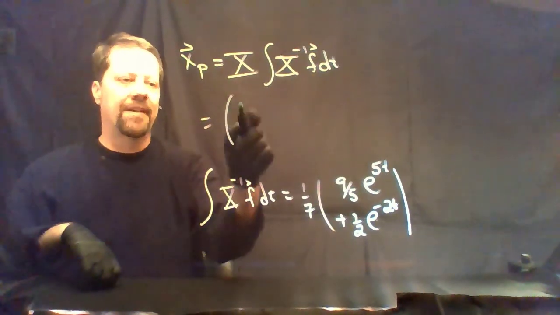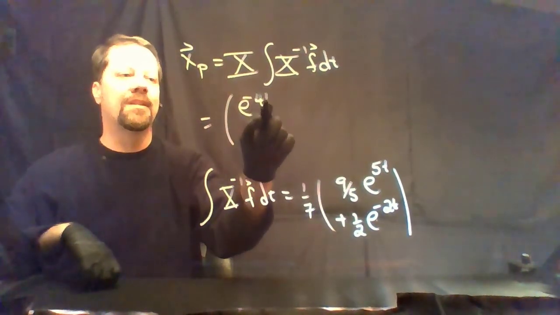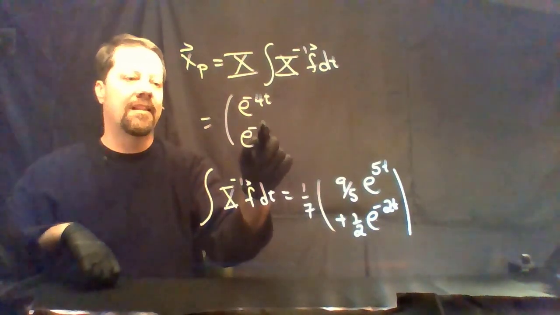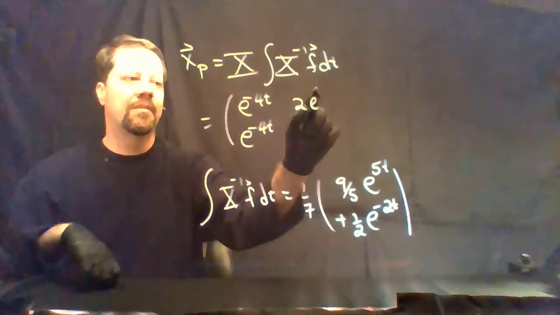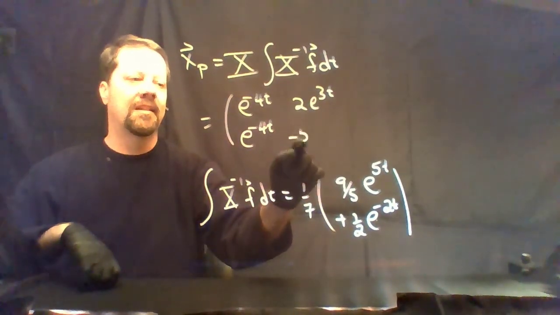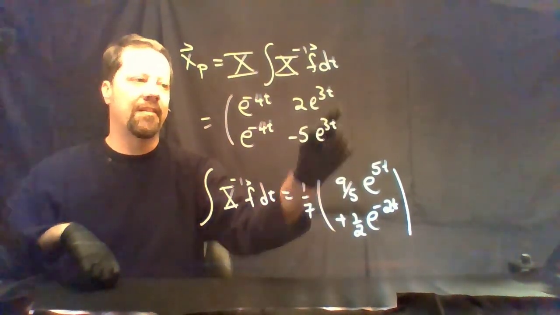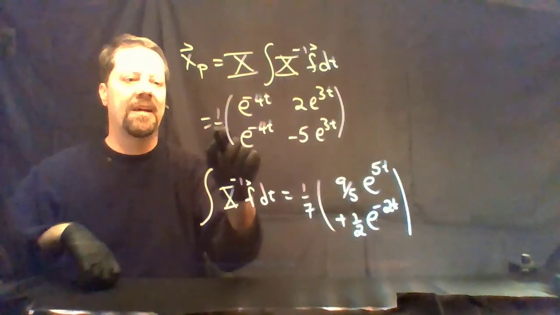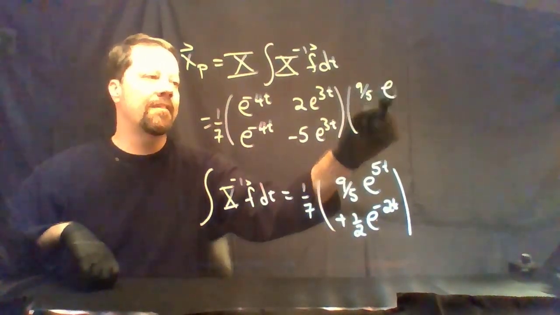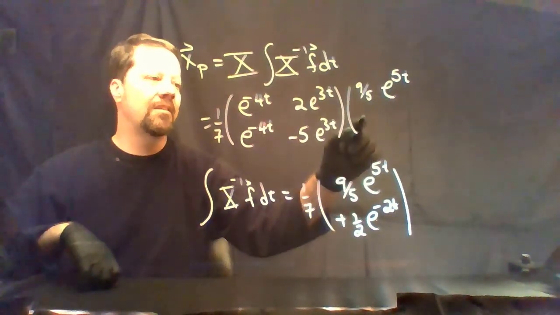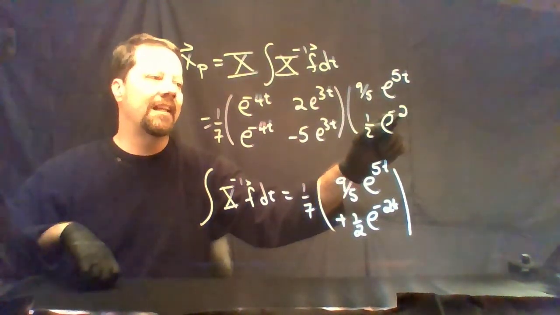Recall that the fundamental matrix was e to the negative 4t, e to the negative 4t, 2 e to the 3t, negative 5 e to the 3t. We're going to multiply by this 1/7, 9/5 e to the 5t, 1/2 e to the negative 2t.